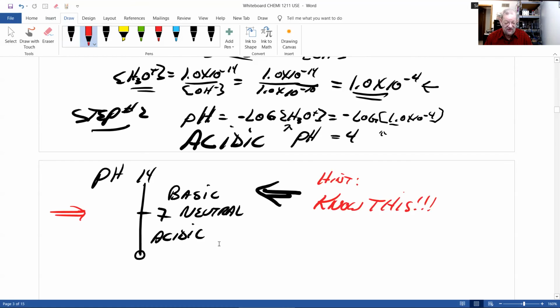Now, interesting when we talk about acidic, basic, or neutral, think about all the condiments you put on a hamburger or hot dog. What are they? Well, for a hamburger, you can put on ketchup. I'm not a big ketchup fan. I like barbecue sauce, but it's the same thing.